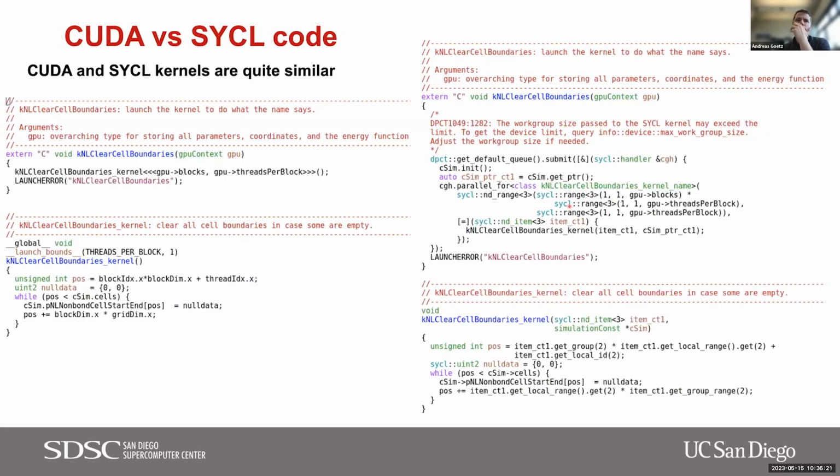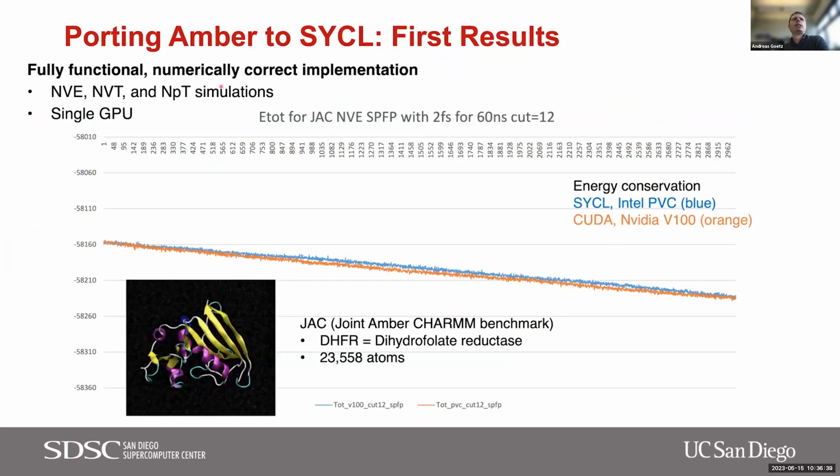It's C++, but if you have CUDA code, it's not too hard. It's doable to get SYCL code, even for a complex code. It's not trivial. It took us over a year to get there, but we got it done. And we are at the place where we can now optimize.